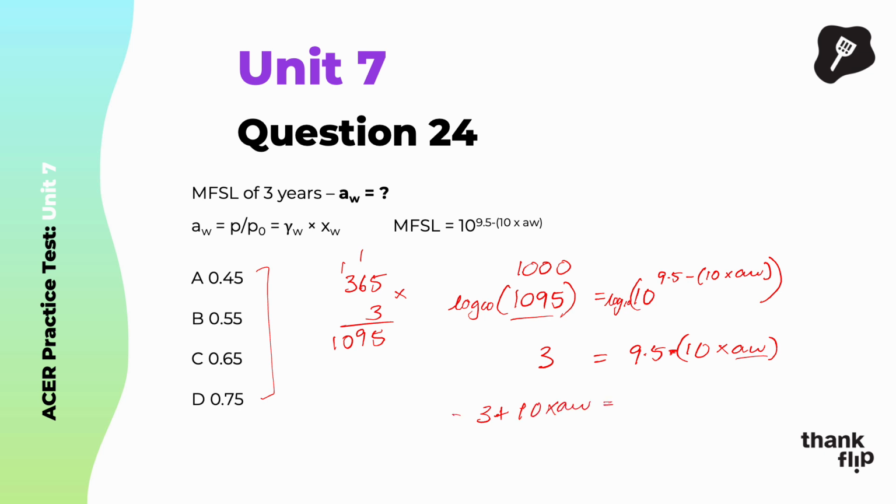And then I would minus 3 from this side and minus 3 from this side. So I would get 6.5. And so I'm left with 10 times AW is equal to 6.5. Divide by 10 on both sides, AW is equal to 0.65. And that is one of our answers. And so I would circle that and move on.